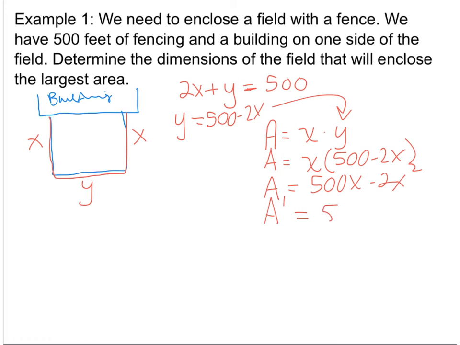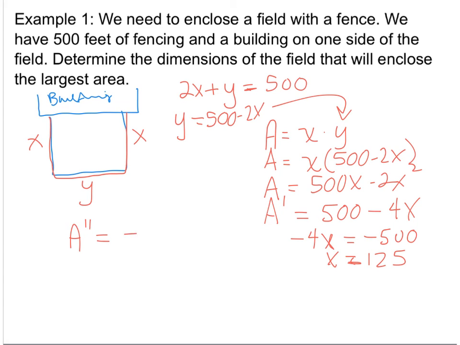All right, now I need to take the derivative. Don't forget to take the derivative, and set it equal to 0. So negative 4x equals negative 500, and so x is going to be 125. So that seems like that could actually work, but let's take the second derivative of the area, which is just going to be negative 4. So since it's negative everywhere, that's going to be concave down, right?